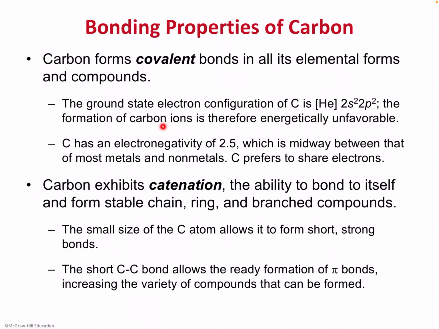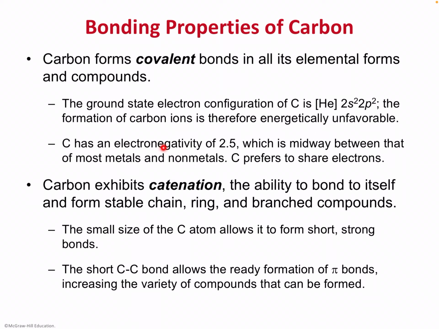If it is going to form an ionic bond, it has to make ions. So it has to either lose 4 electrons to make a noble gas configuration, or gain 4 electrons. So it's in the middle. It would basically try to form covalent bonds instead of making ions because that's not energetically favorable.